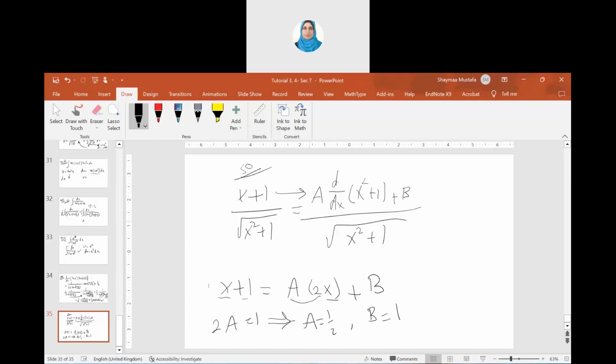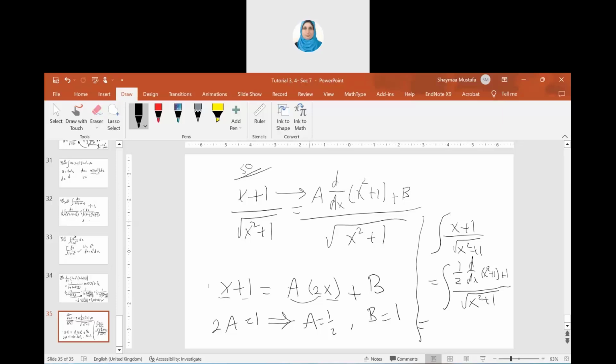Then use this to do the integration. You need to use substitution, choosing it from the expression. When I integrate x plus 1 over the square root of x squared plus 1, this will be equal to 1 over 2 d dx of x squared plus 1 over the square root of x squared plus 1, because a is 1 over 2 and b is equal to 1.